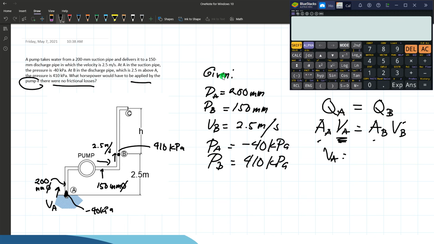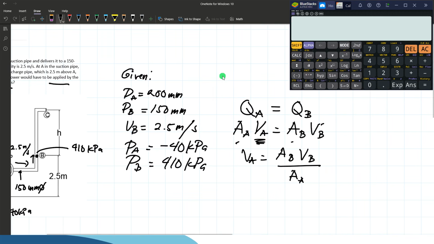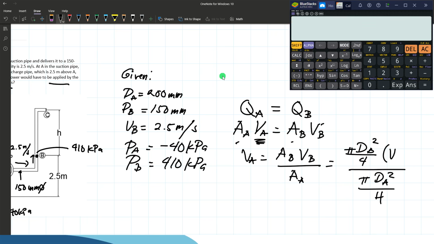So the velocity at A is area of B, VB over area at A. Substituting the cross-sectional areas, that's pi dB squared over 4 over pi dA squared over 4 multiplied by velocity at point B. Pi over 4 will be cancelled out.